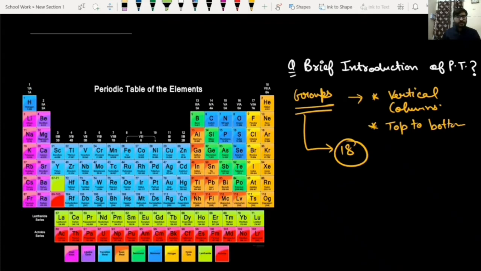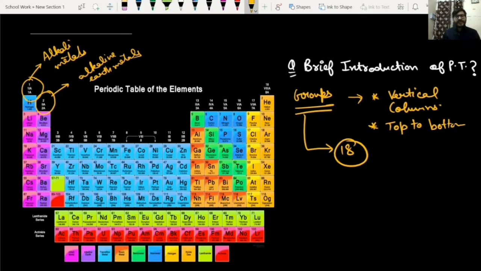Group number 1 is known as alkali metals. So students, make a note of it. Group number 1 is known as alkali metal. Group number 2 is known as alkaline earth metals. Group number 3 to 12 we will deal with later on. Group number 13 is known as boron family.